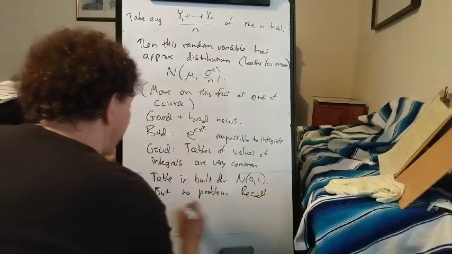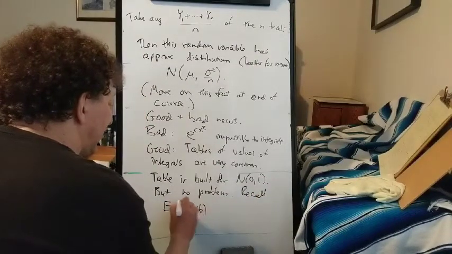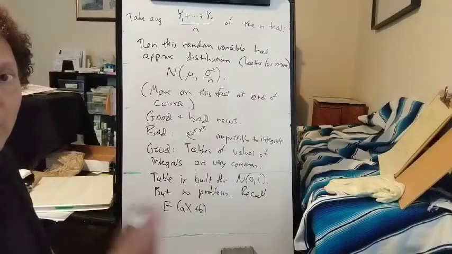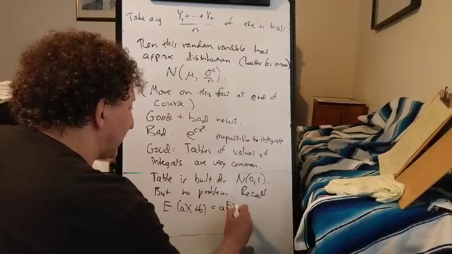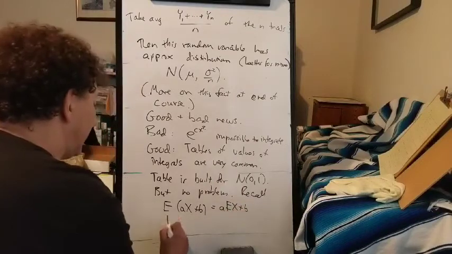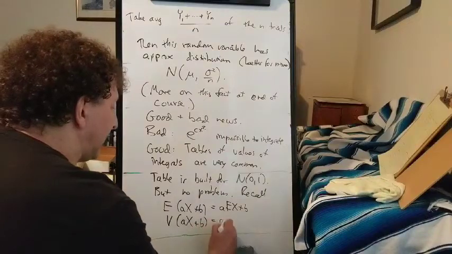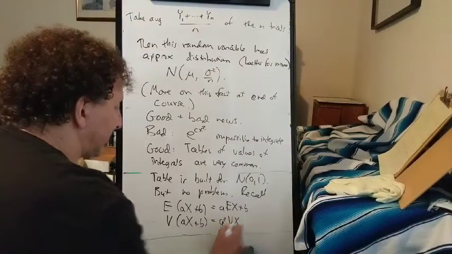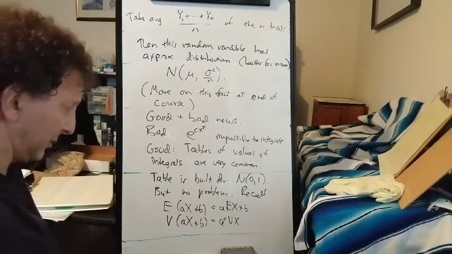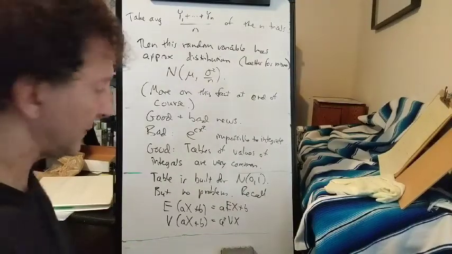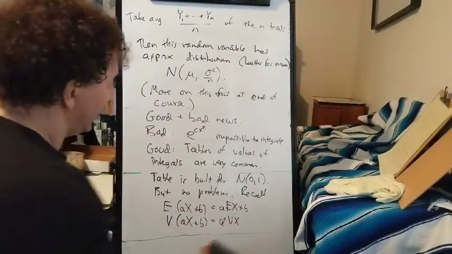So recall that the expected value of ax plus b, so if x is a random variable and a and b are constants, is just a times expected value of x plus b. And the variance of ax plus b is a squared times the variance of x. The additive constant plus b here doesn't affect the variance. Now if x is normal, so is ax plus b.